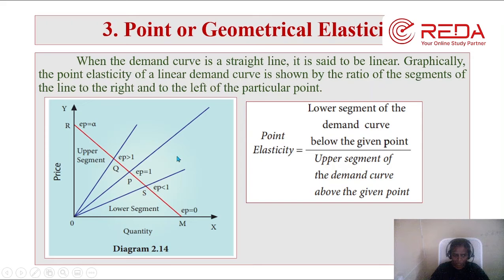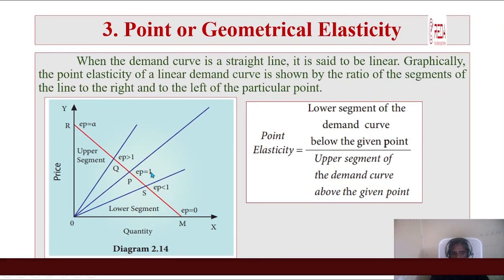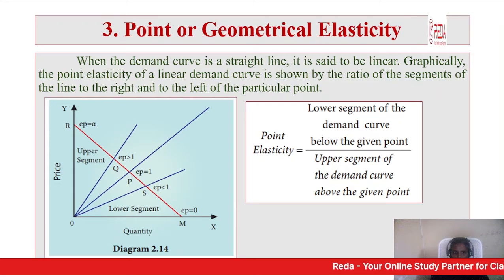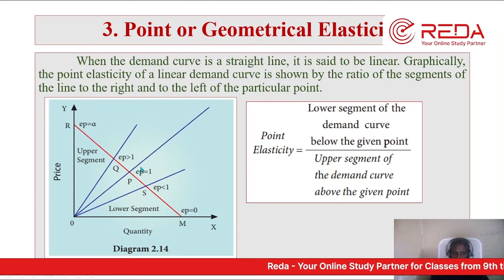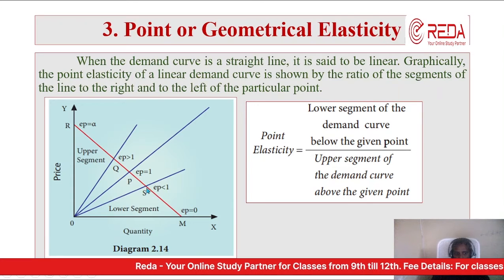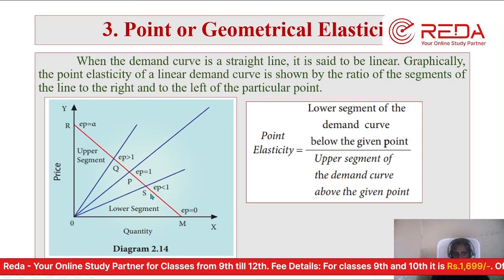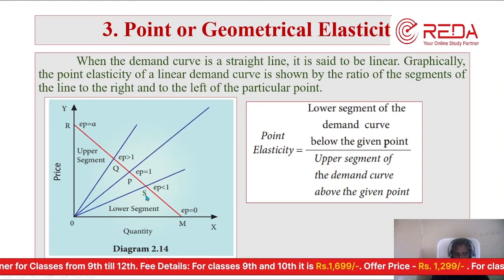Now the three situations we have seen are that price elasticity will be equal to 1, greater than 1, and lesser than 1. Now we are going to see one more important concept with the help of this diagram, that is point elasticity.